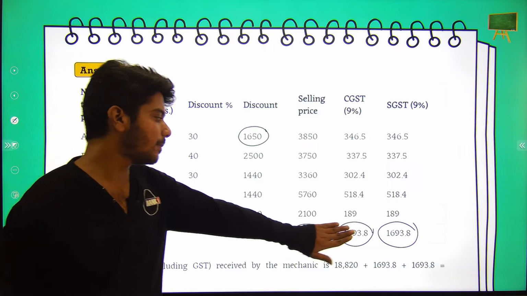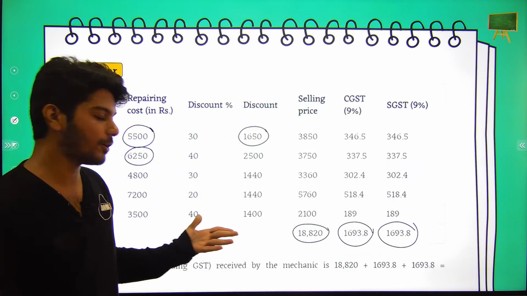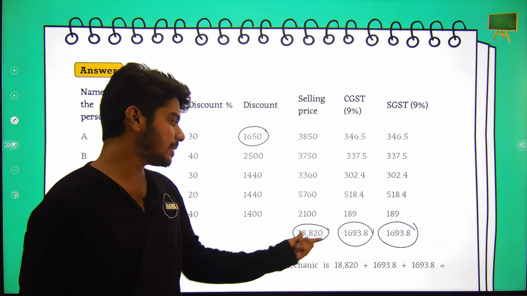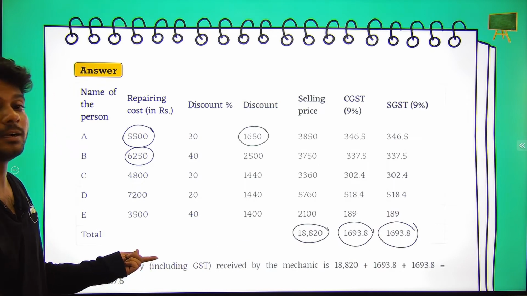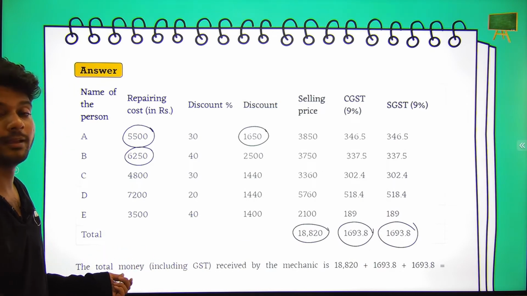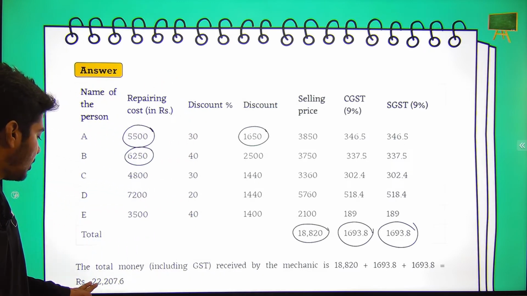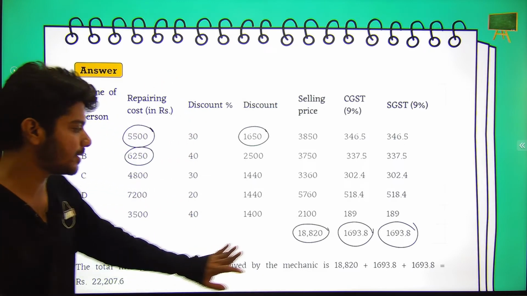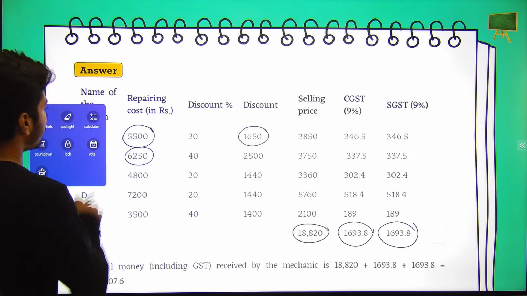So this plus this plus this is the total amount received by the mechanic at the end. This is coming out to be 22,207.6. Let's verify it once whether it is correct or not.